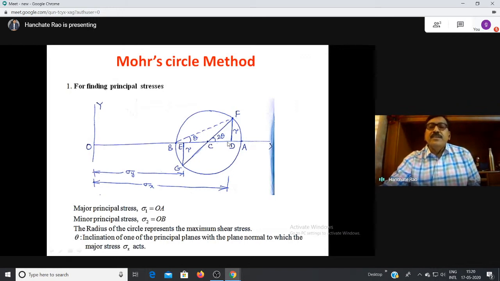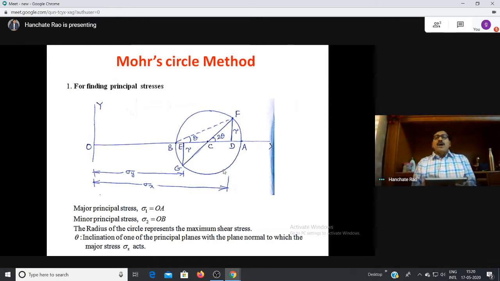So CD is equal to sigma x minus sigma y by 2, and DF is the tau. The radius CF, CG, CA or CB is equal to sigma 1 minus sigma 2 by 2, which is equal to the maximum shear stress.